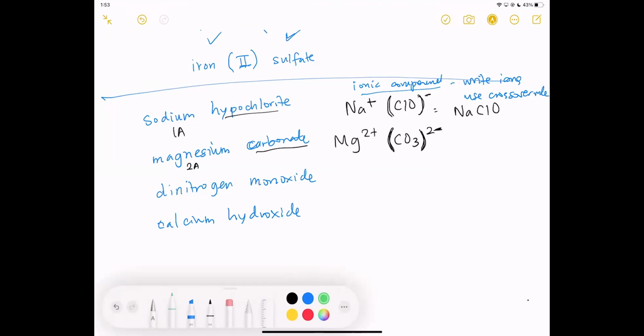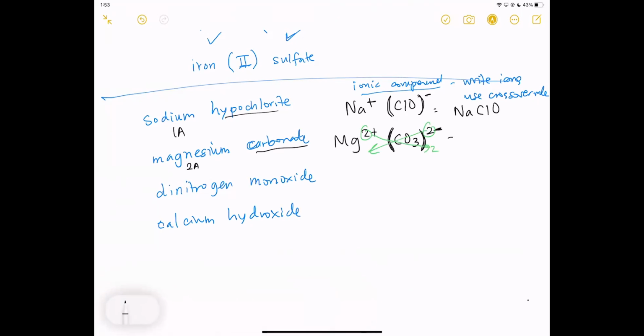Now you do have numbers crossing over and down this time. This is going to be a 2 down here and a 2 down here. And at the same time, this Mg2 and CO3 2 can be reduced down to just Mg and CO3. So you can reduce down those 2's and you can also get rid of the parentheses. So that would be the correct chemical formula.